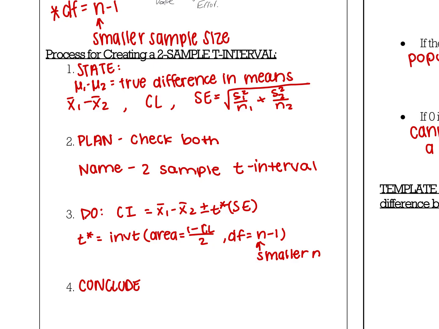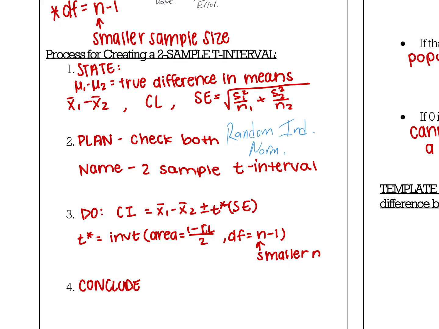When we go to plan, we want to check the criteria for both. So remember, that is our RIN criteria, the random, independent, and normal. Make sure we meet those conditions and make sure you name your test, the two sample t interval.